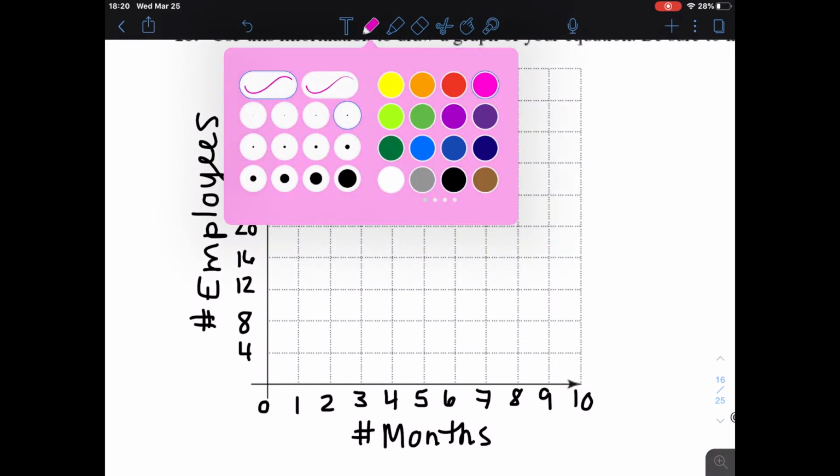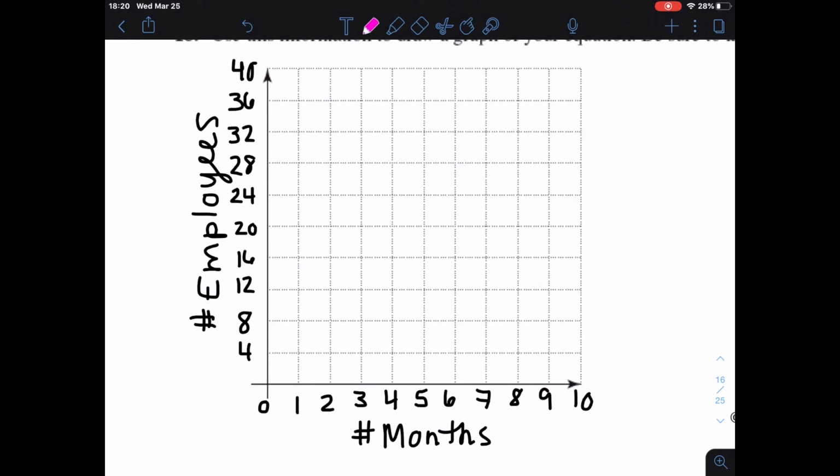So now we're starting out at 12 employees. So at 0 months, we have 12 employees. After 1 month, I've gained 4 more. So now I have 16. After 2 months, 4 more. Got 20, 24, 28. I'm going to go up each and every time by 4. So this is what our graph of our line looks like.